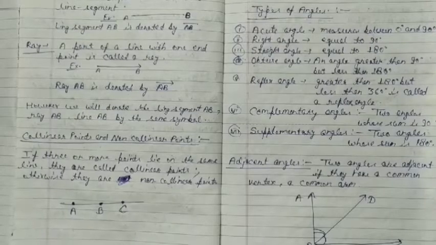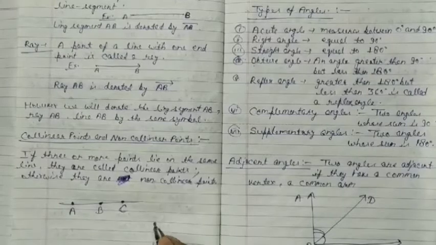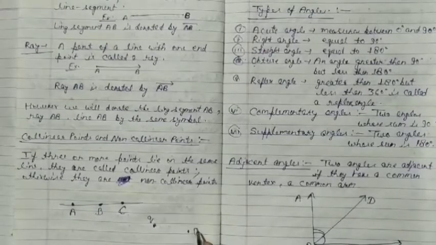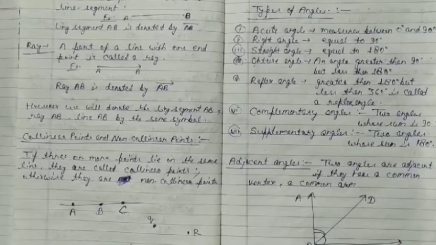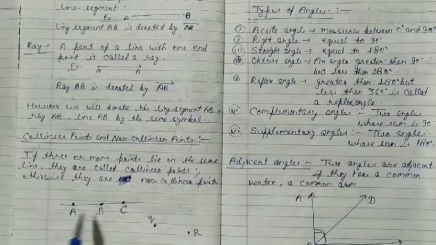Example: like this is point P, point Q and point R. These 3 points do not lie on the same line. So point P, point Q and point R are non-collinear points. And points A, B, C are collinear points because they lie on the same line.